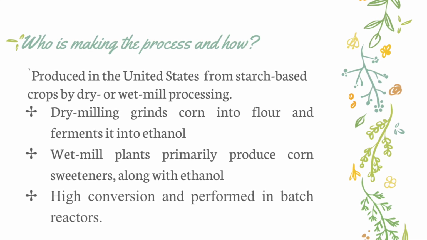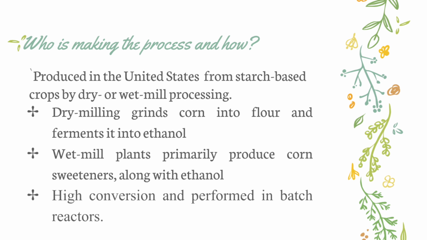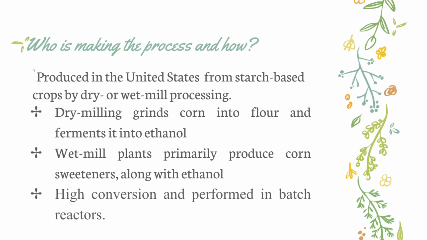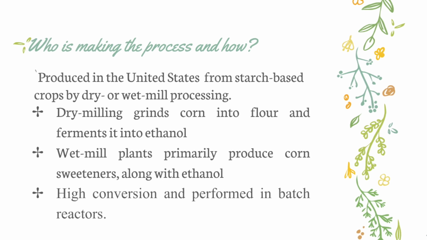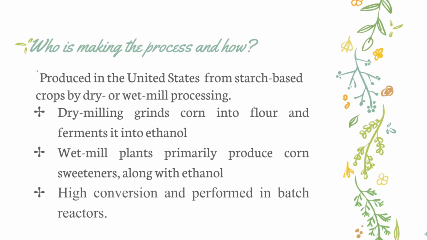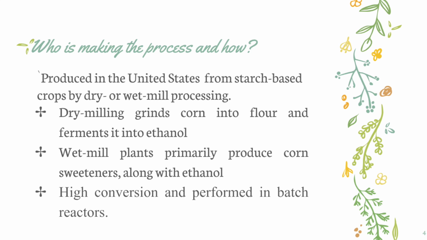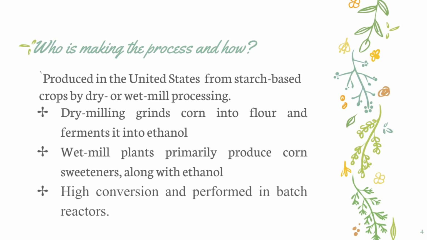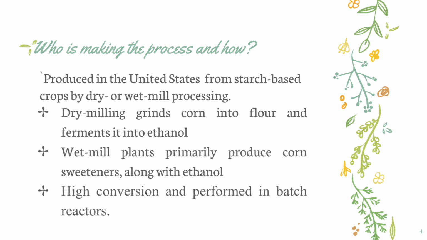Wet mill plants primarily produce corn sweeteners, along with ethanol and several other co-products, such as corn oil and starch. Wet milling separates starch, protein, and fiber in corn prior to processing these components into products such as ethanol. This process requires a high conversion and is usually performed in batch reactors.